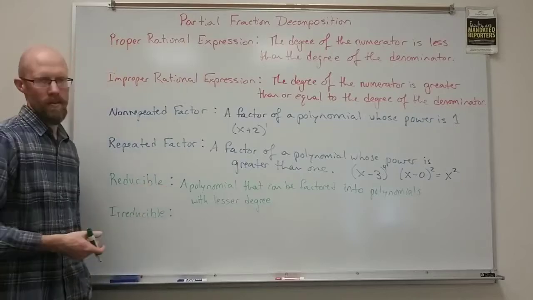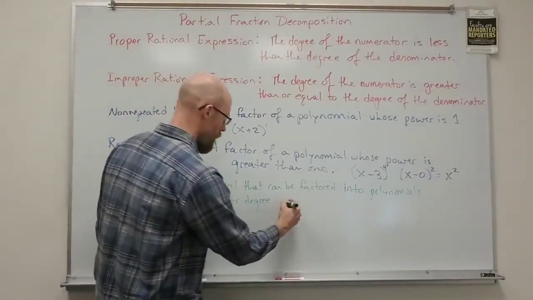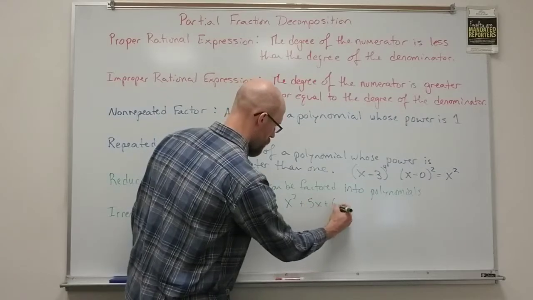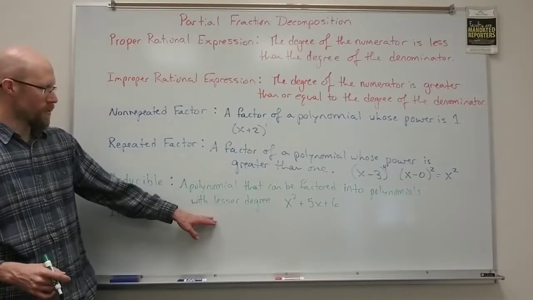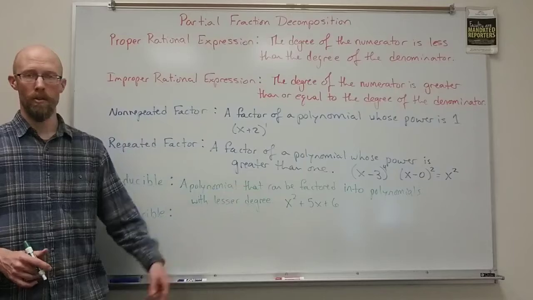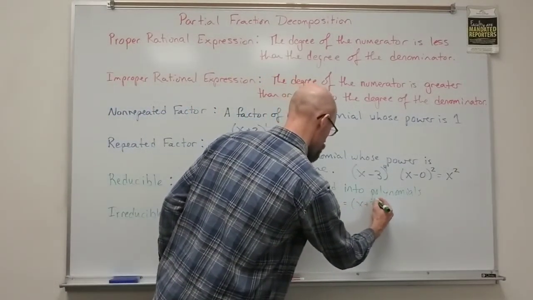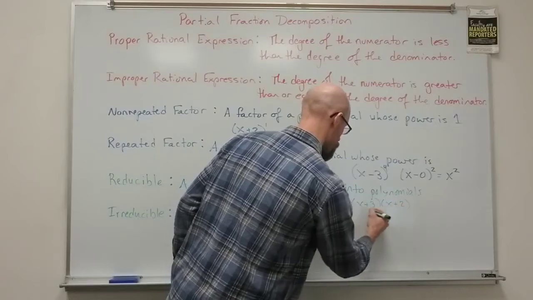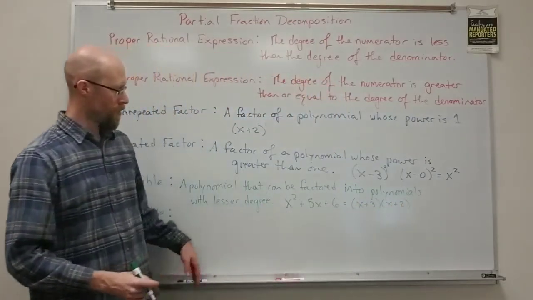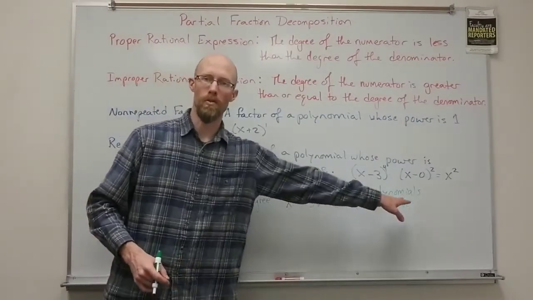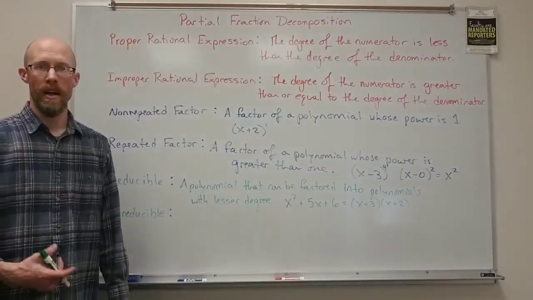That's kind of a given, but something like x² + 5x + 6 is an example of a reducible polynomial because it factors into (x+3) and (x+2). So it's reducible. Take a polynomial and reduce it down to its factored form.